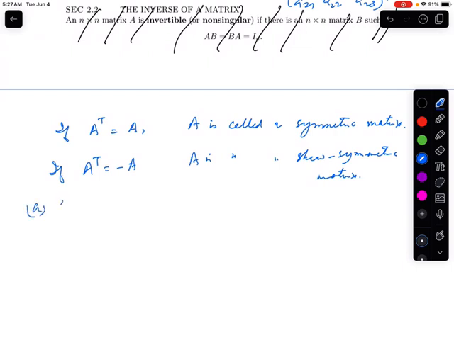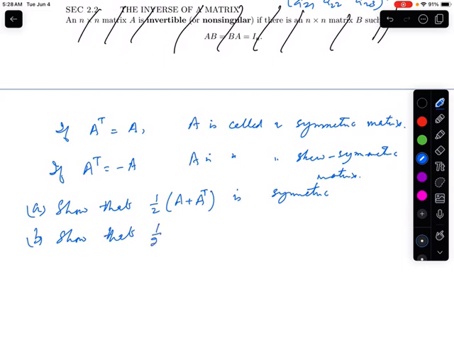And then we have to prove results. Show that this is symmetric, and B was show that this is skew symmetric.